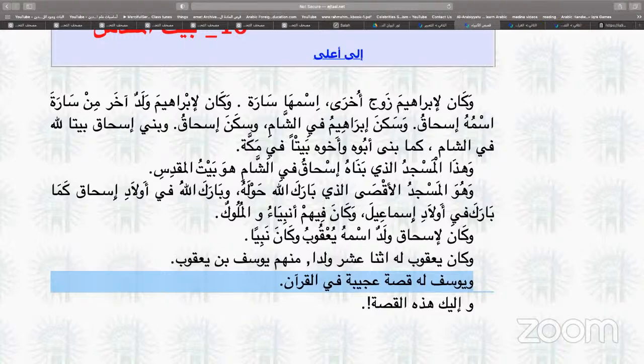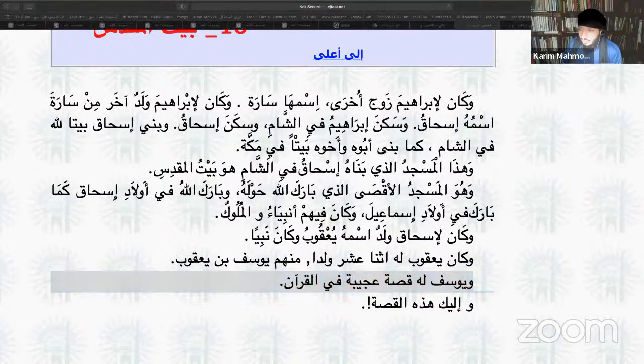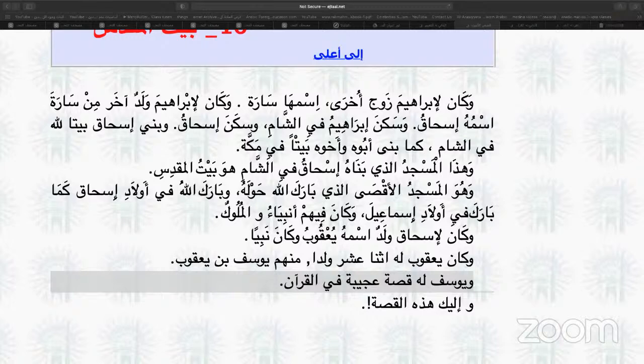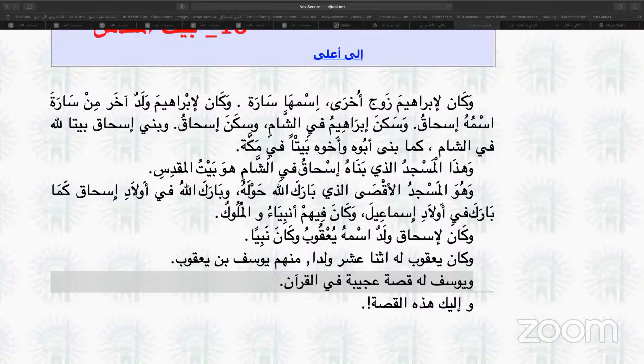ويوسف له قصة عجيبة في القرآن. And Yusuf is mentioned in the Quran.